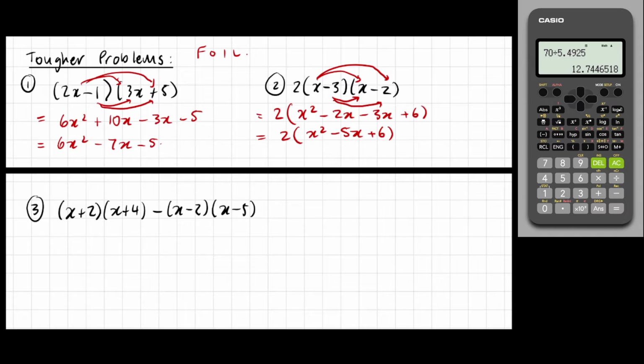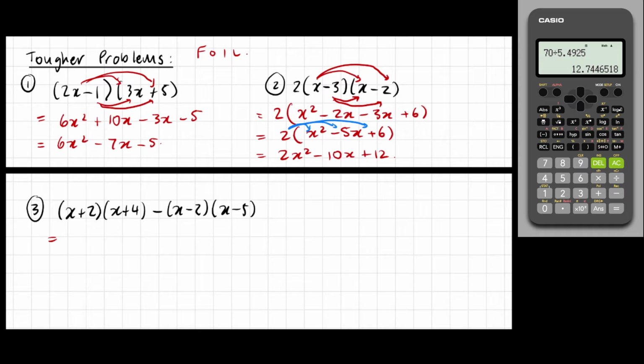And now because it's just 2 lots of all this, just using our regular expansion rule, multiply the 2 by everything on the inside. 2x squared minus 10x plus 12. Just like that. And that's it. There's nothing tricky about that.